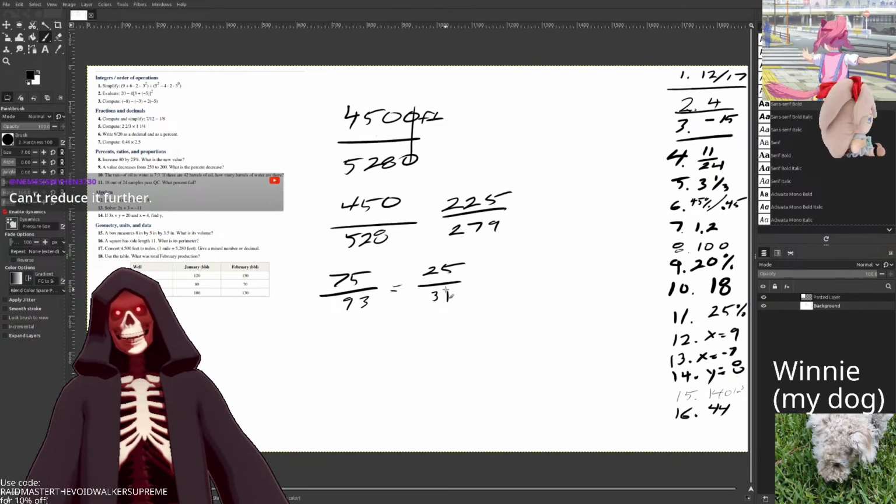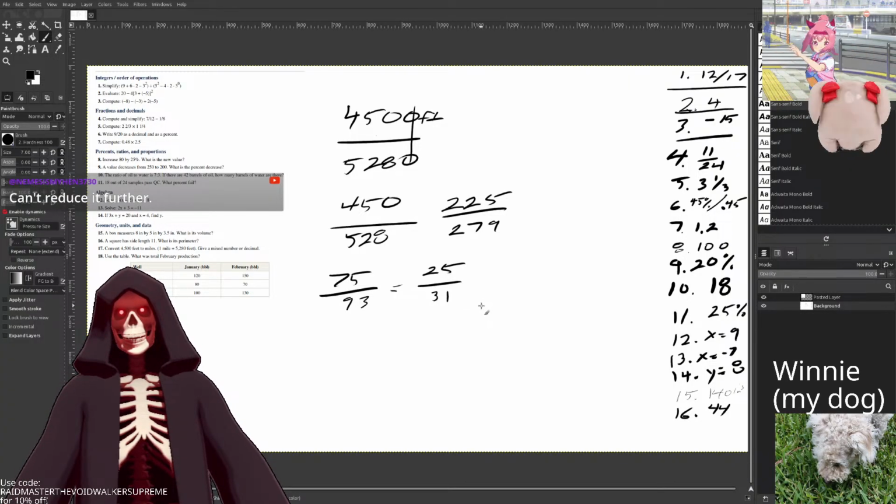Can't reduce it any further? I know, I'm just thinking about how to do it and how to get this into a decimal, not decibel. How would I do that?